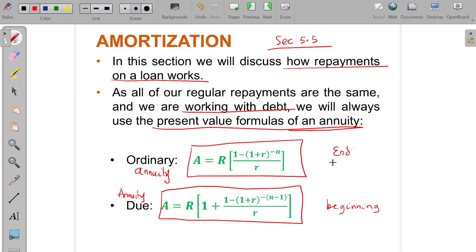But when the payment is made at the end, or there is no indication of the beginning in the question, use the ordinary annuity. We are going to use either of these formulas to calculate the payment first in amortization.